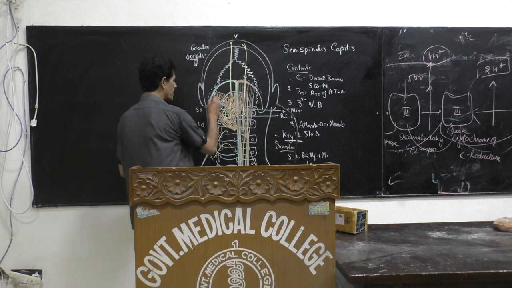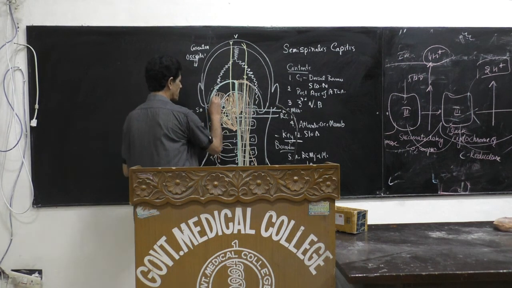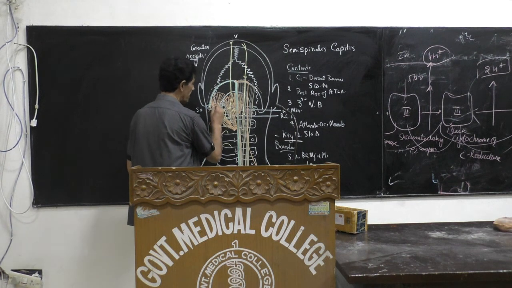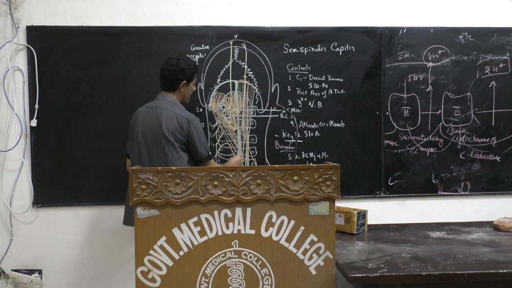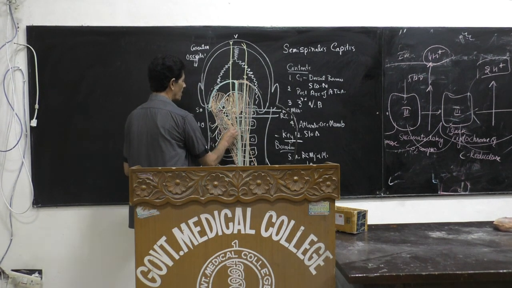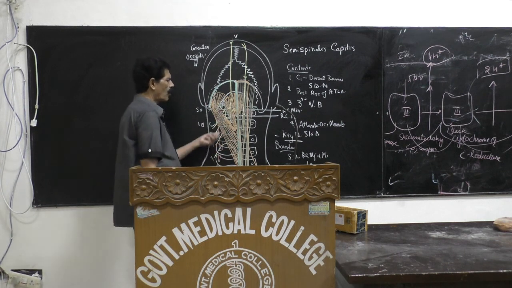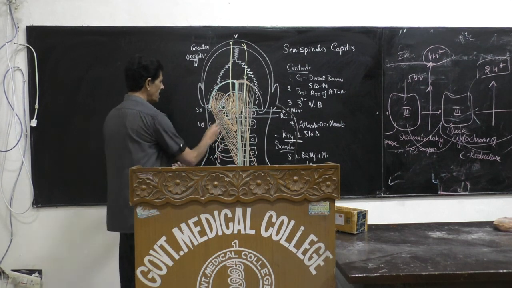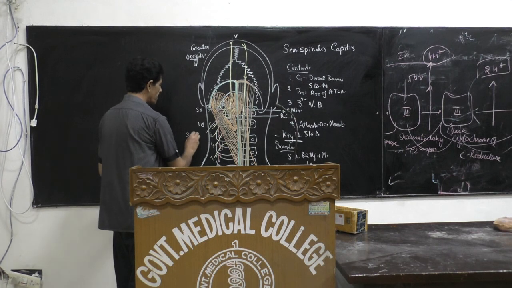Another muscle, inserted into the lateral one third of the superior nuchal line, is the splenius capitis. The splenius capitis is also covering the roof of the suboccipital triangle, and it also overlies the inferior oblique muscle. So this is the splenius capitis.